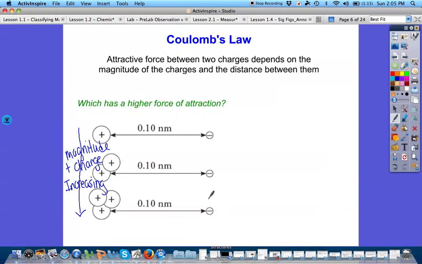So since the distance is the same, the greater magnitude results in a higher attraction.